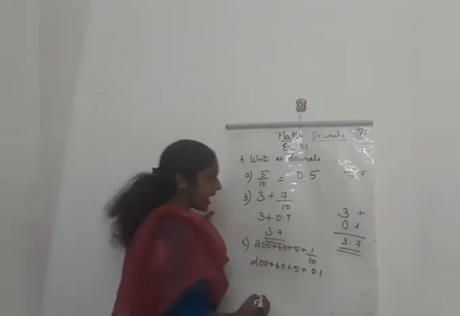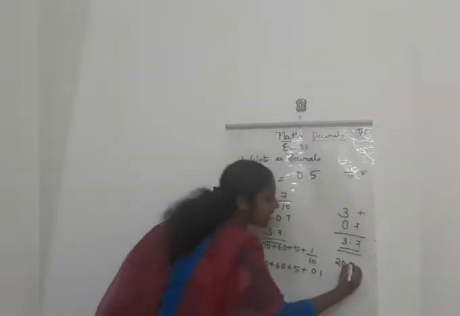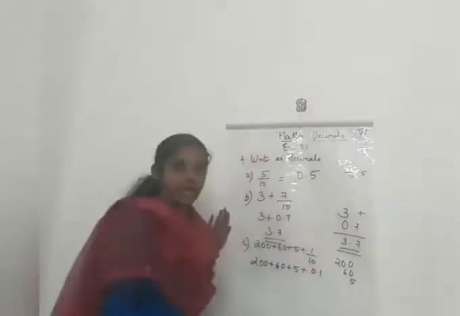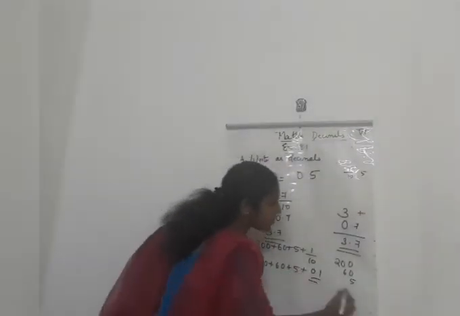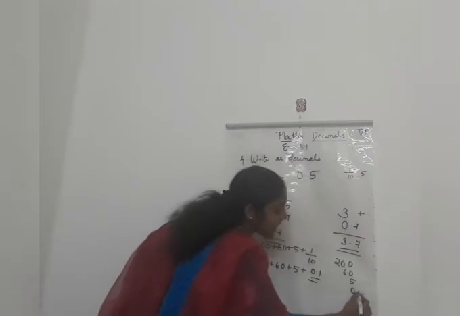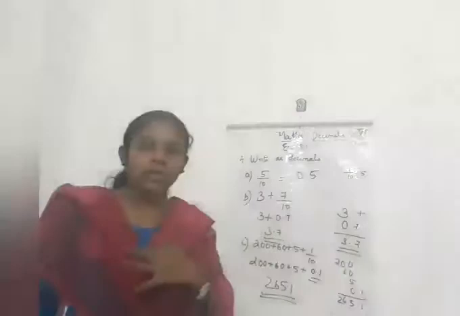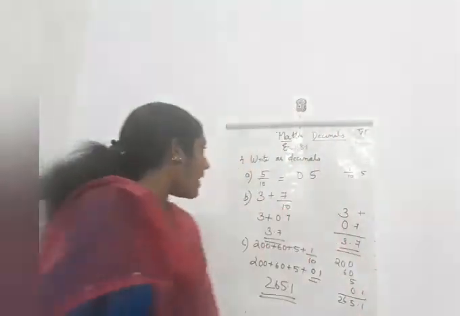Now let us add all of these together. Adding 200 plus 60 plus 5 in the ones place plus 0.1. 0.1 has 0 here and then 0.1 here, the place is 1 itself. The rest is 5, 6, 2. So it is 265.1. Okay, now the next question is 70 plus 8 by 10.